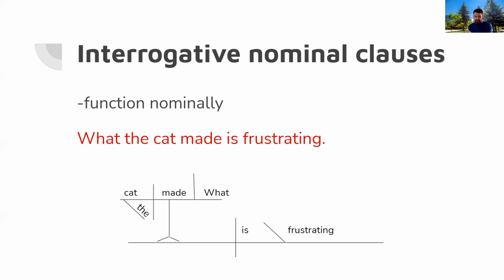It fills, in this case, the object slot. The cat made what? Or in other words, what the cat made. So we can't just delete it from the sentence like we could with the that clause. That's one major difference between the that clause and the interrogative nominal clause. But both of them fill noun or noun phrase slots in the independent sentence. They could both be replaced with something or it.